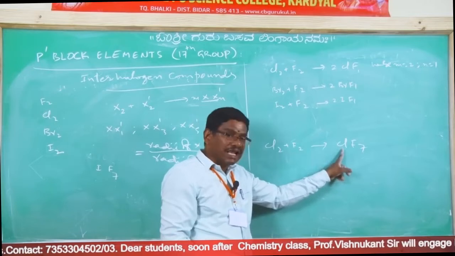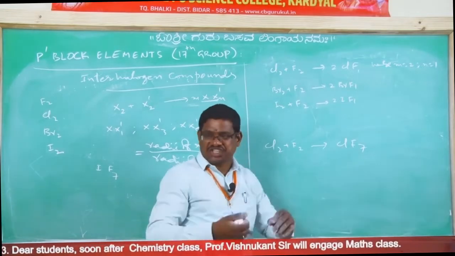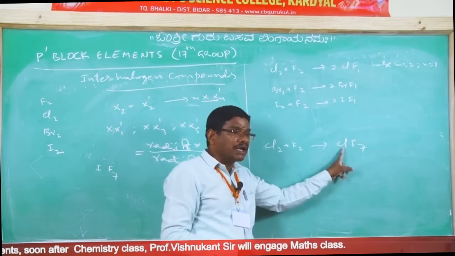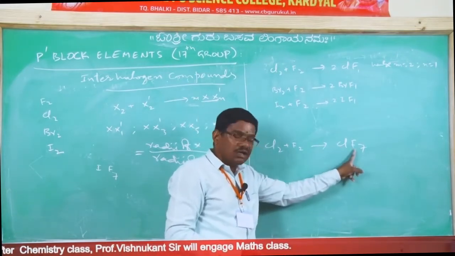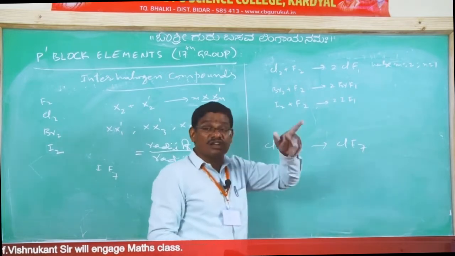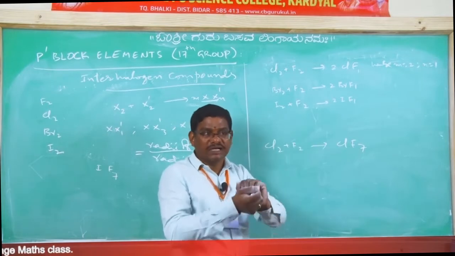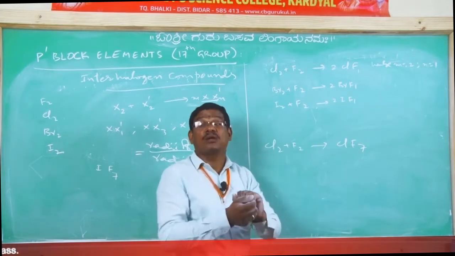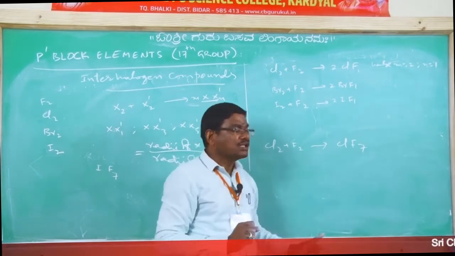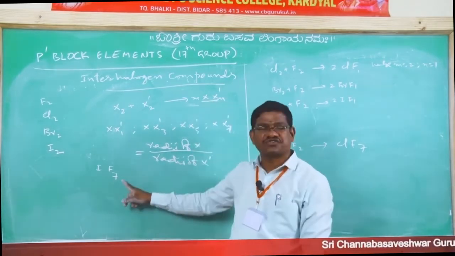Because the difference between the Cl atomic radius and the F atomic radius is not much. The ratio of the atomic radius of Cl to the atomic radius of F is not a bigger value. If that is not bigger, in that interhalide we may not find more halogen atoms. Therefore, ClF7 is not as stable as IF7.